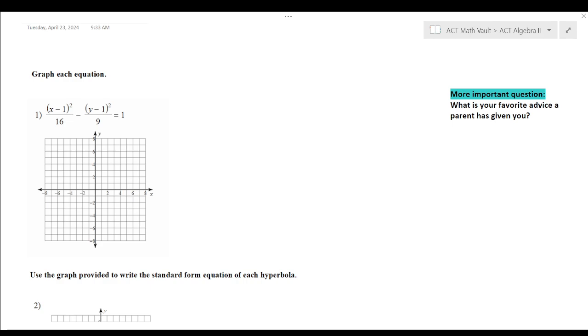Okay, the standard form of a hyperbola is always basically x minus h squared over, we'll call it a squared, minus y minus k squared over b squared equals 1. Notice that it equals 1. The h, k is the center of this shape.